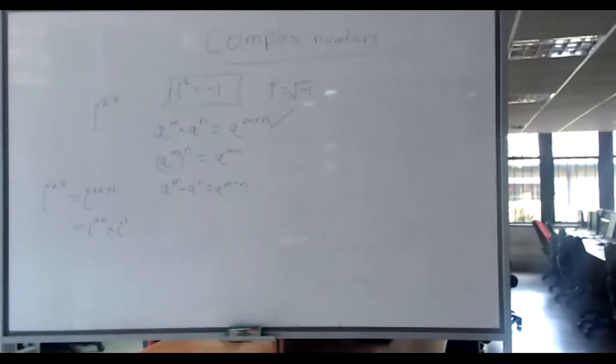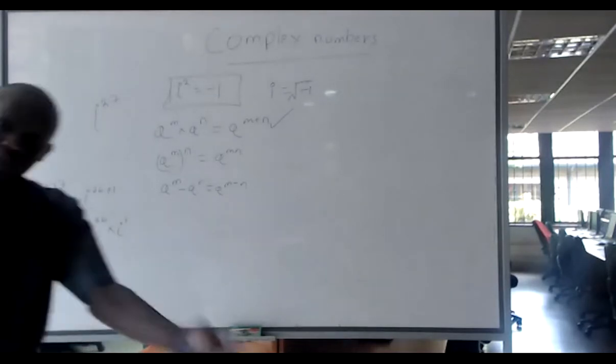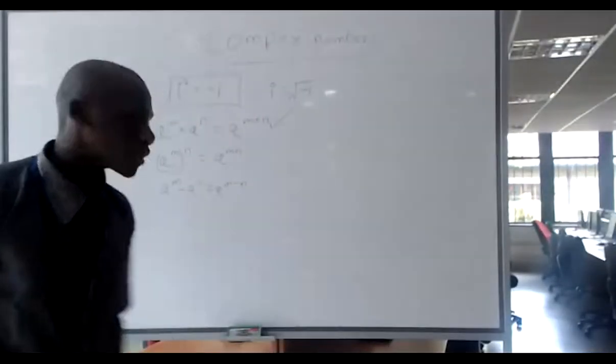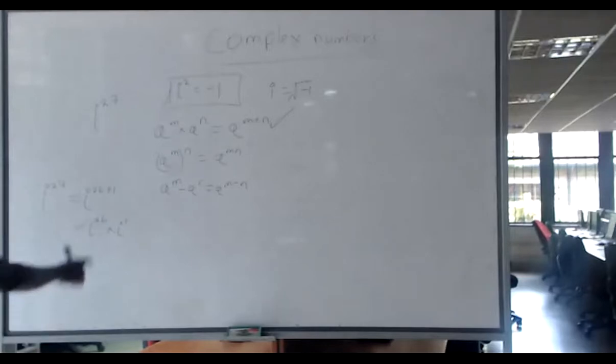Are we good? Yes. Okay. Of course, any number raised to 1 simply stays the same. If you raise 10 to the power 1, it is 10. 20 to the power 1 is 20. Okay? I to the 26.